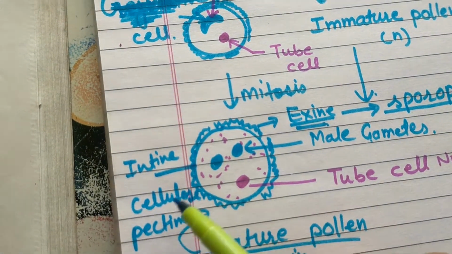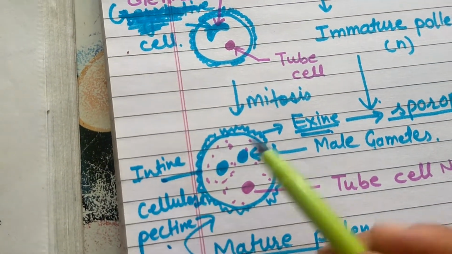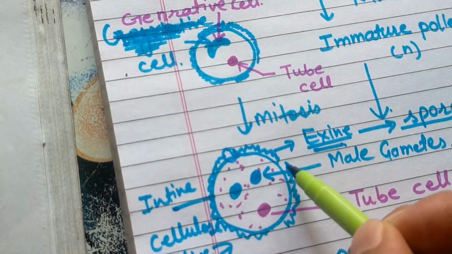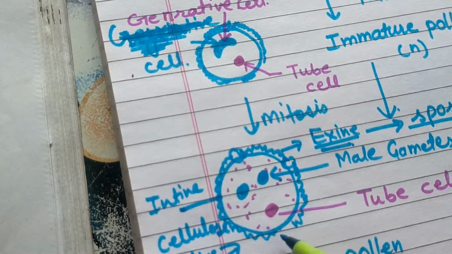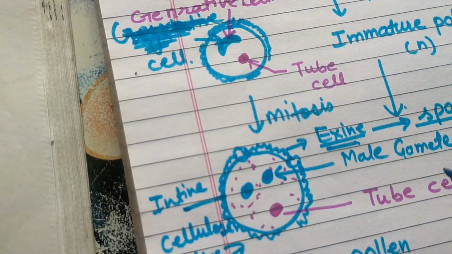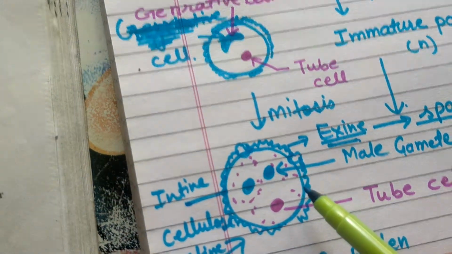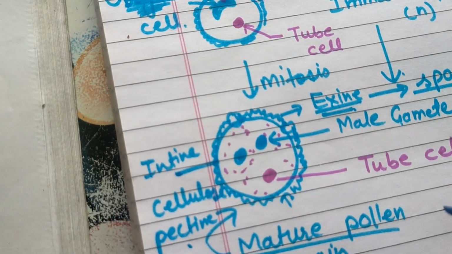These two complex carbohydrates make the intine. One more thing: there are some pores also present. Exine is not present all over the wall. There are some gaps in the exine where it is not present, and these are called pores.